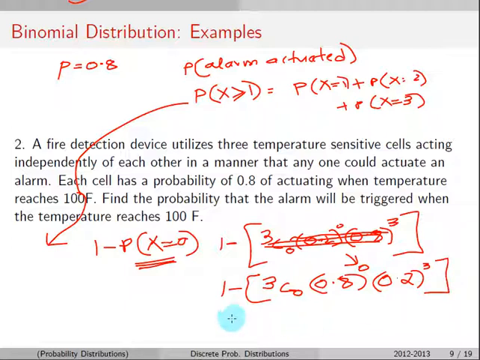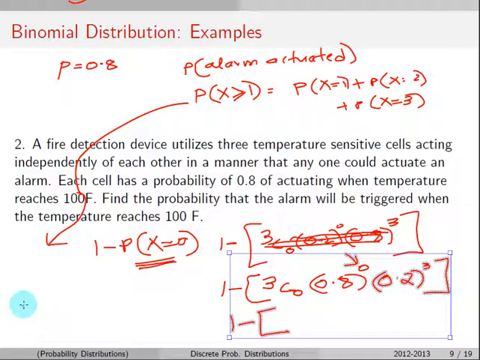In other words, that will be 1 minus 3C0, which is simply 1 because 3C0 is 3 factorial by 0 factorial multiplied by 3 factorial, which is nothing but 1.